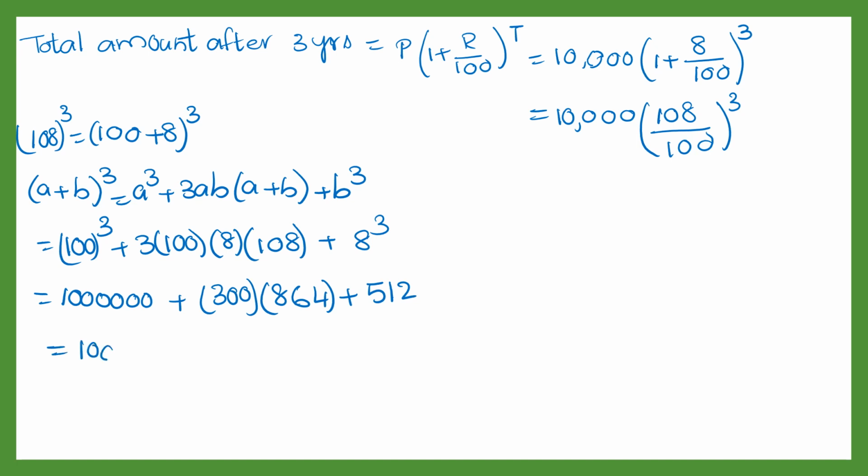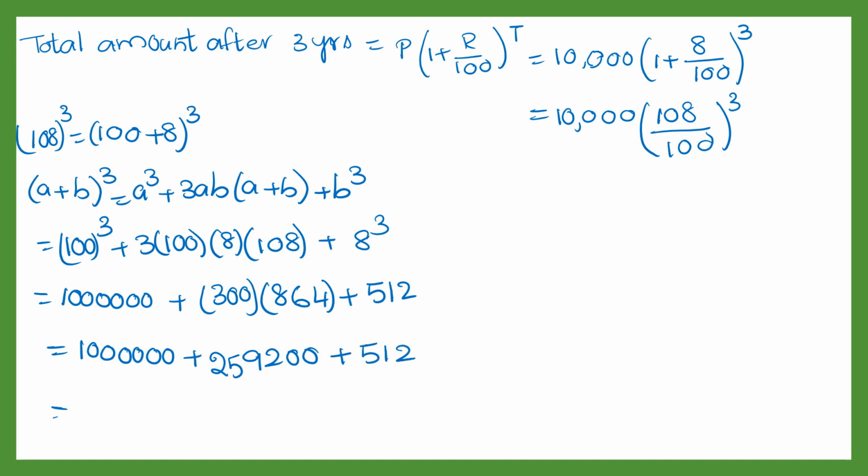So 3 into 864: 3 4s are 12, 3 6s are 18, 19, 3 8s are 24, 25. That gives 2592 into 100.